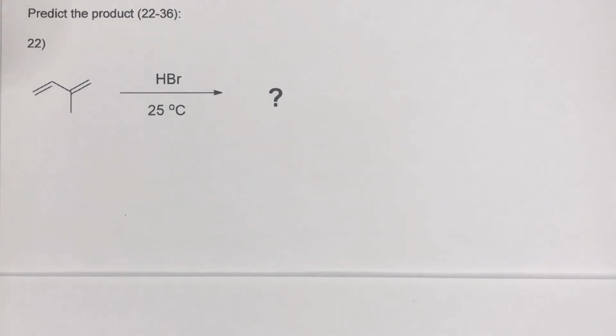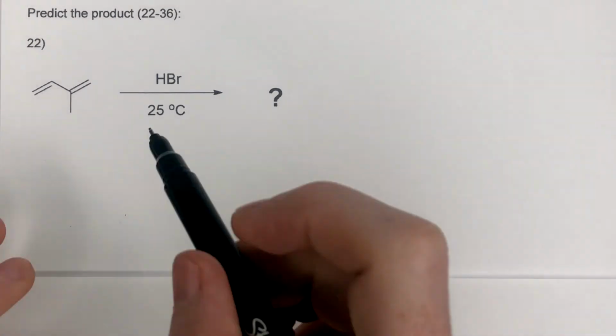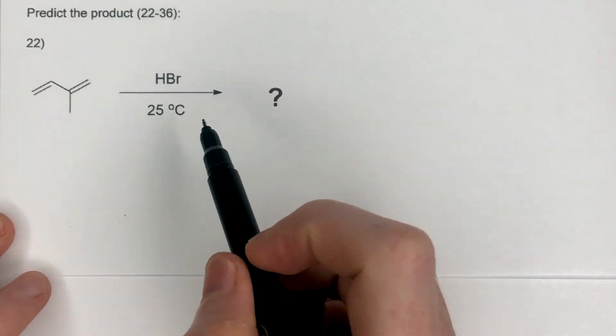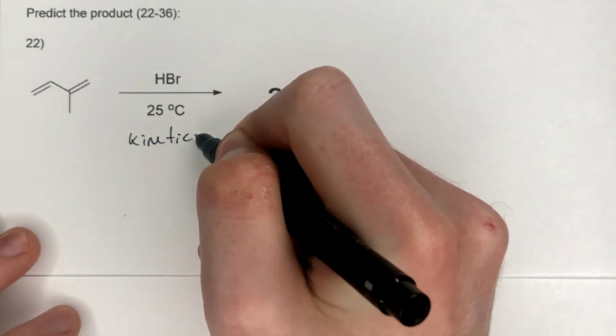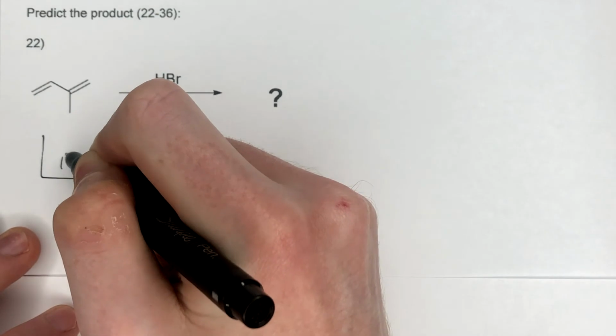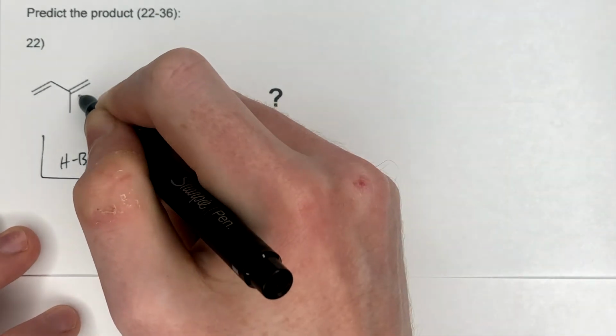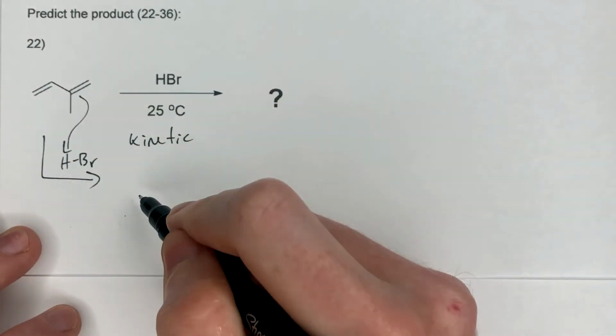Moving on here, for the rest of the worksheet, it's just predicting products. So here we have a diene, and this particular diene is subjected to HBr at 25 degrees Celsius. So this is going to be your kinetic product. We're going to first protonate either of the pi bonds, you kind of pick.